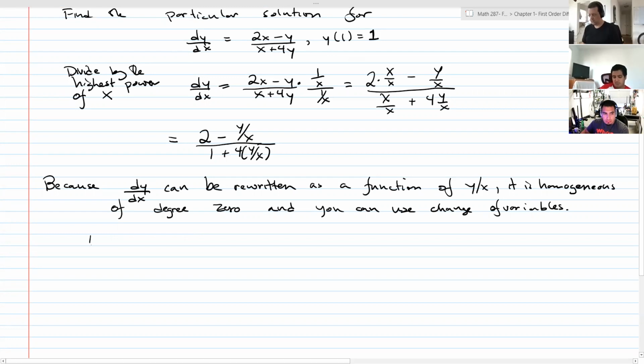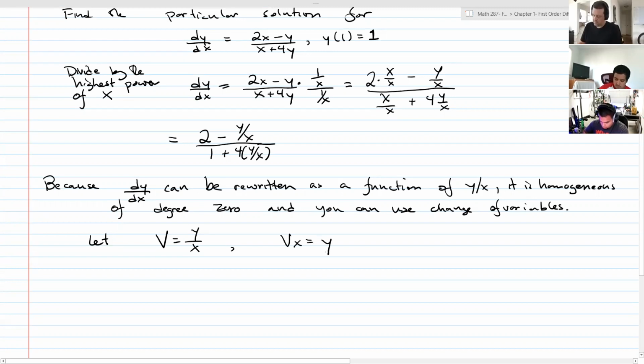All right, so we're going to let v equal y over x. In addition to that, we're going to need that vx equals y, which is just a matter of multiplication.